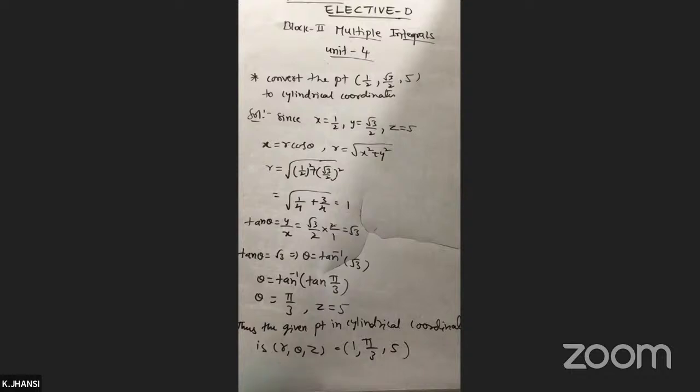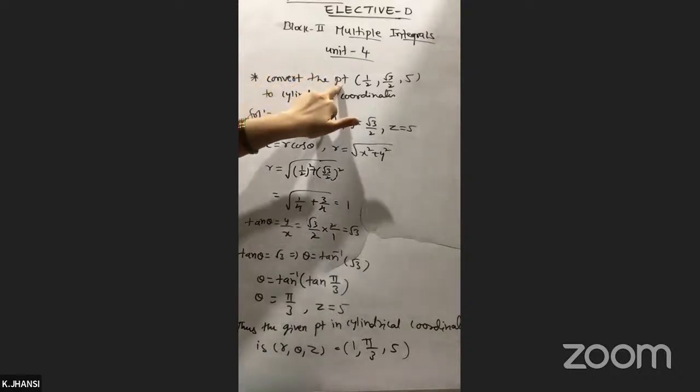Whenever a point is given and it is asked to convert into cylindrical coordinates, in the definition of the cylindrical coordinates I have told the relations. So if you remember those relations, that is r equals root of x square plus y square and tan theta equals y by x to get the theta value. And we know z will be given in the question.